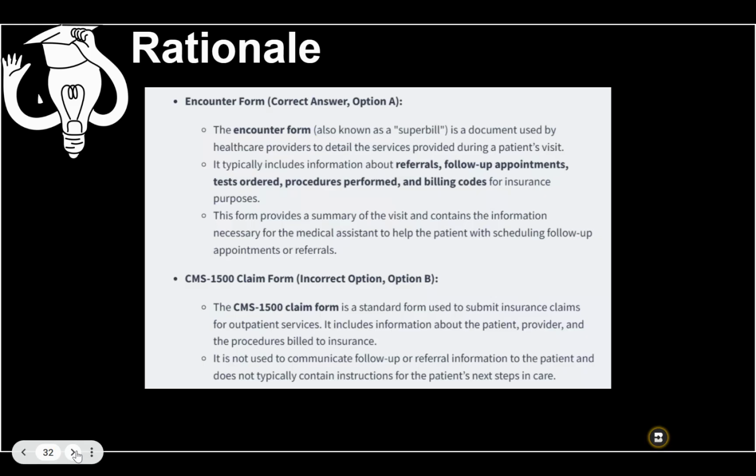The form also provides a summary of the visit, and it does contain the information necessary for medical assistants to help the patient with scheduling those follow-up appointments and referrals as needed. And I do want you guys to remember that CMS 1500 claim form, this is our standard form that's used to submit insurance claims for outpatient services.